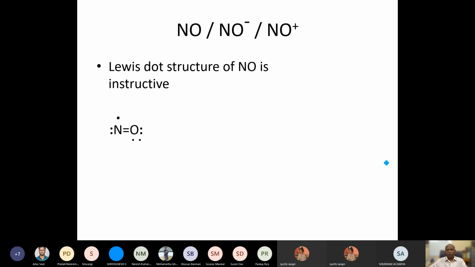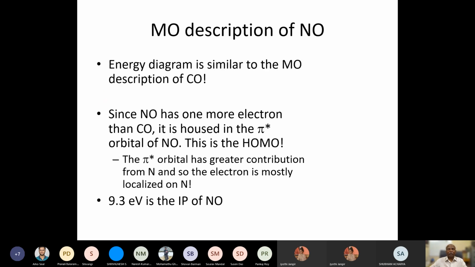If you start with the Lewis dot structure, you can arrive at a very similar sort of reasoning. If I have NO donating only one electron, then it can behave as a one electron ligand, then it will be a bent structure. Okay, so if I have NO plus, it would be a linear structure. MNO would be linear.